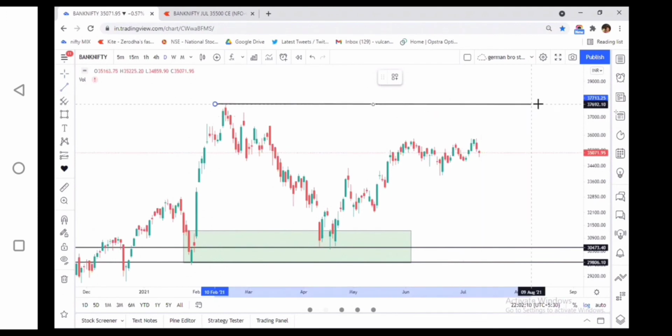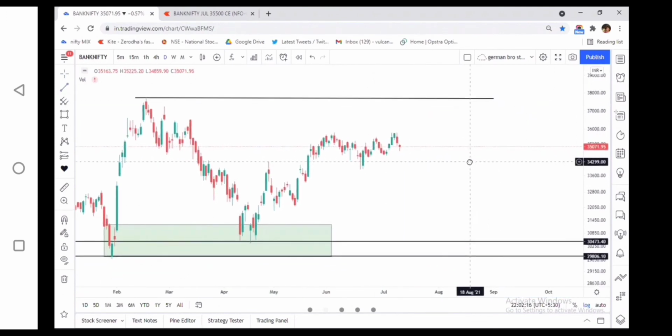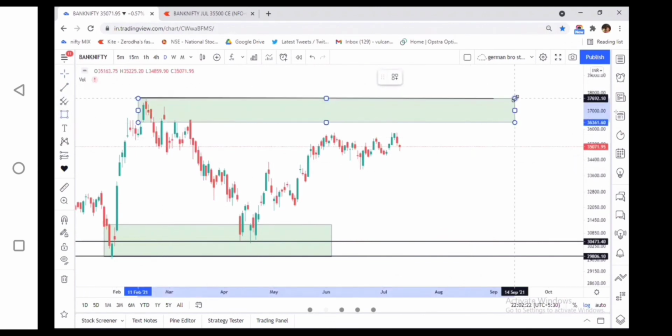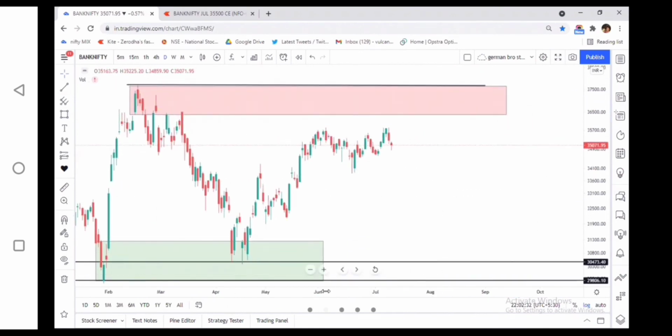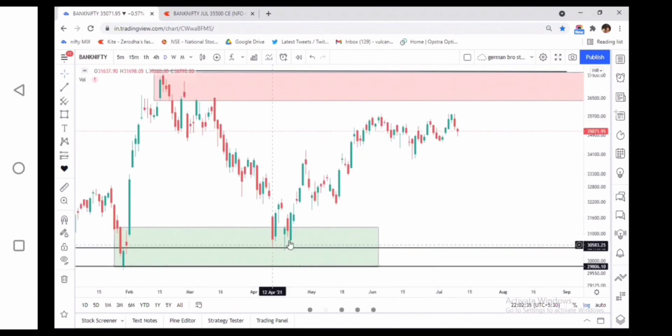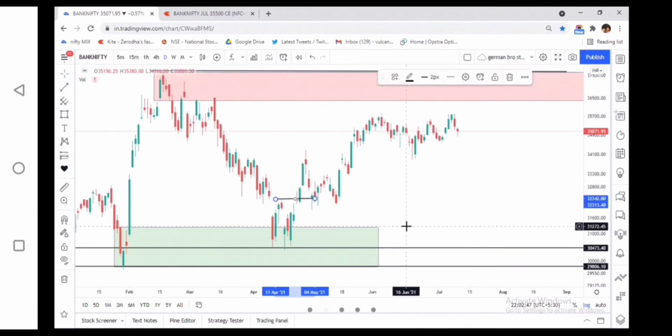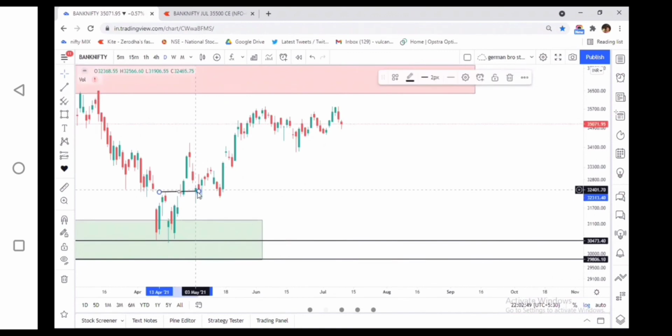There is buy side liquidity resting above, so I am a little bit biased that the market will clear that buy side liquidity. And this is my bearish order block, but my swing low is not broken properly, so I am not sure that this bearish order block will work, and there is a break of structure.